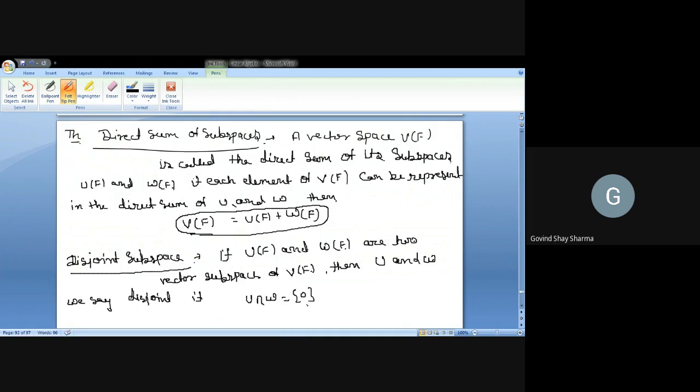If no elements are common in U and W, then we can say these are disjoint subspaces.